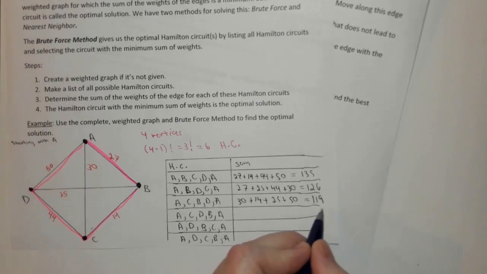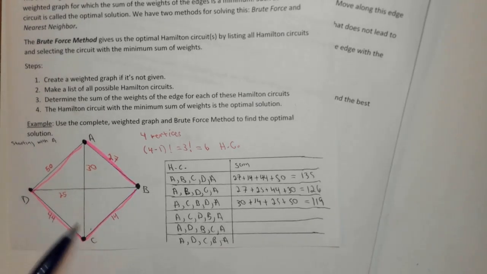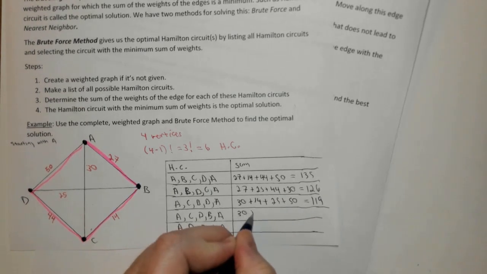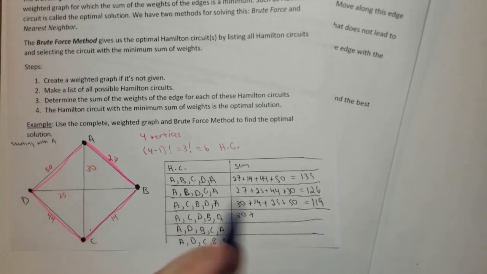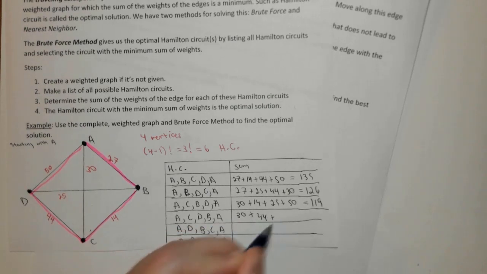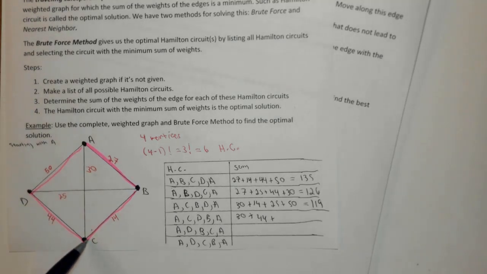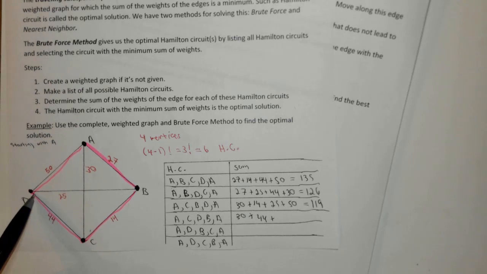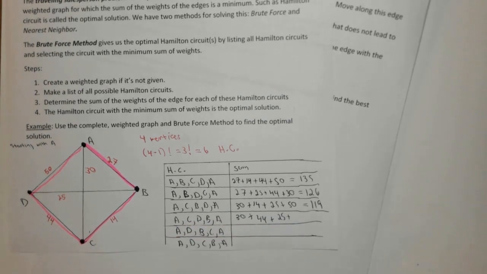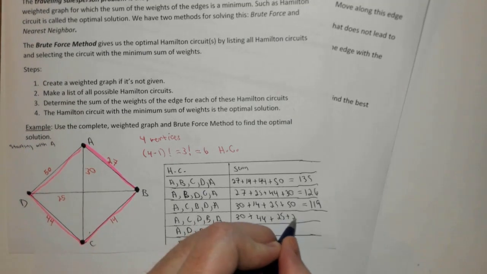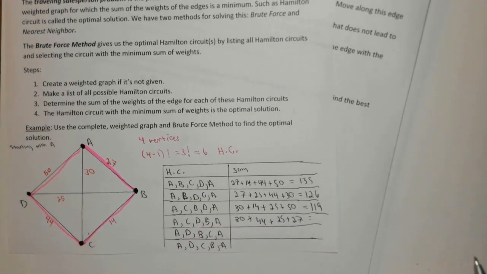Let's go one more time and see if we see a pattern. So AC is 30, CD is 44, DB is 25, and then BA is 27. Got 129.